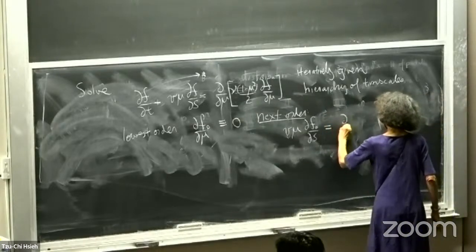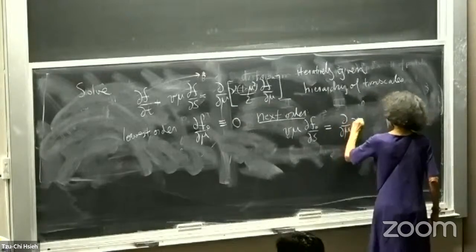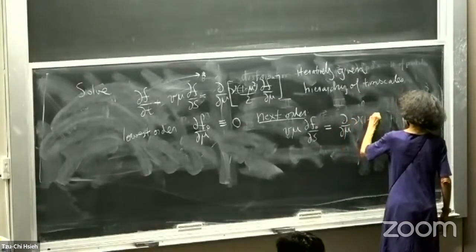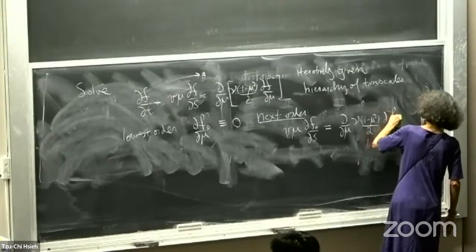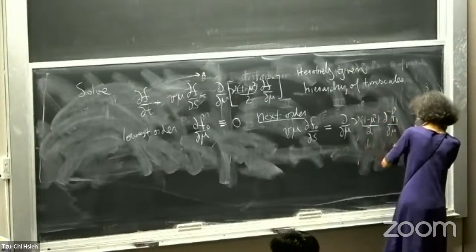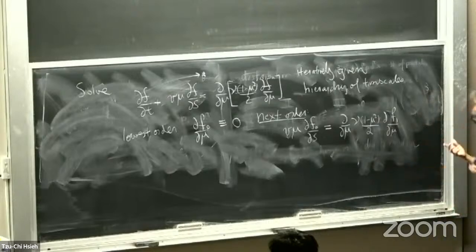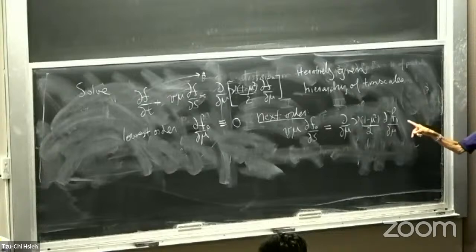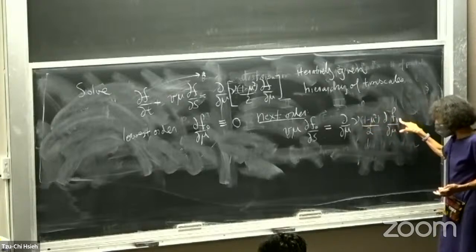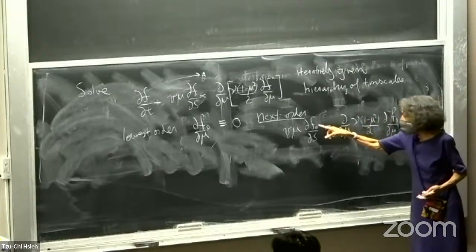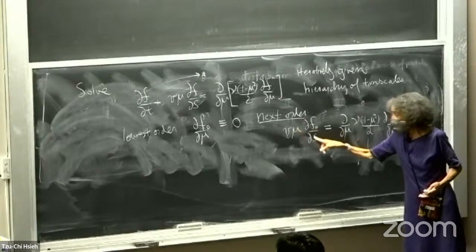Then the scattering term is d by d mu, nu, 1 minus mu squared over 2 df1 d mu. So f1 is the anisotropy of f, and it's smaller such that the product nu f1 is like f naught v over L.